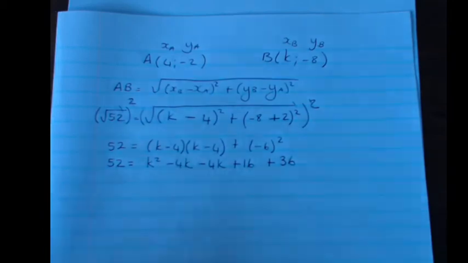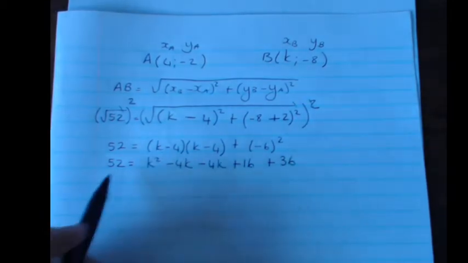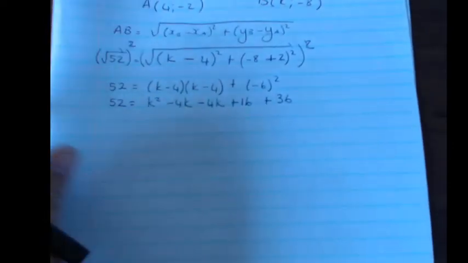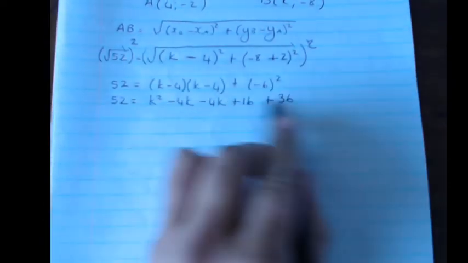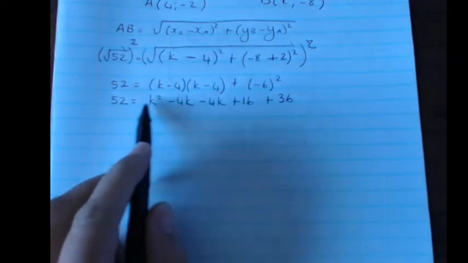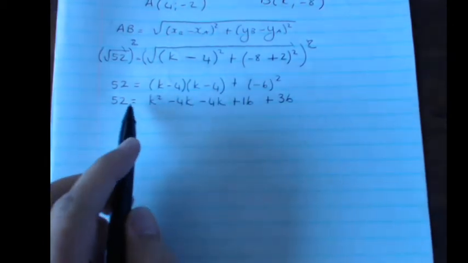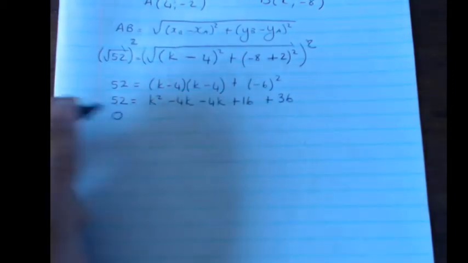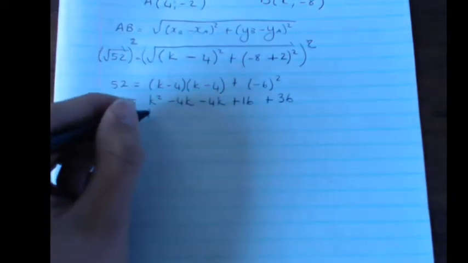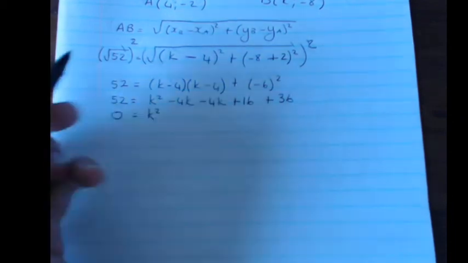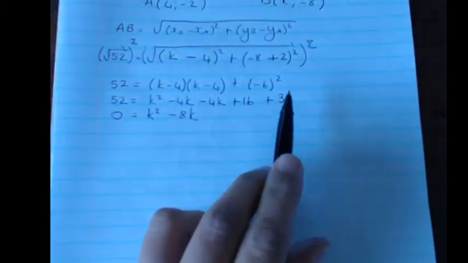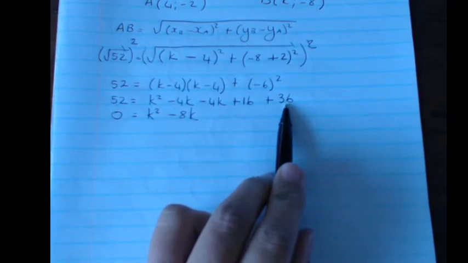I see I have a quadratic equation. For quadratic equations, I need to get everything to one side, with 0 on the other. I'm going to move the 52 over to that side, and I have my 0 on this side. So I have k squared minus 4k minus 4k, which is minus 8k, and then plus 16 plus 36, which is plus 52.